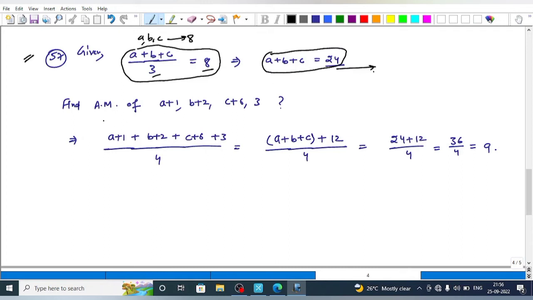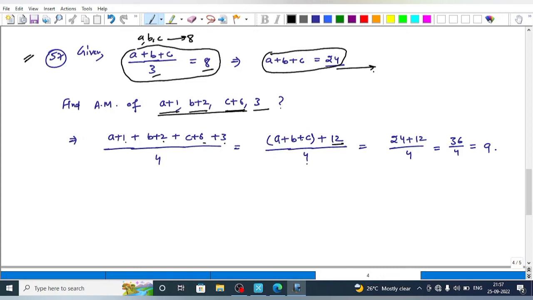Note this equation. Now in the question find the arithmetic mean of a plus 1, b plus 2, c plus 6, and 3. This implies that the sum of these four numbers upon 4 is equal to, separating the abc terms, a plus b plus c plus 12, that is 1 plus 2 plus 6 plus 3 is equal to 12, upon 4.